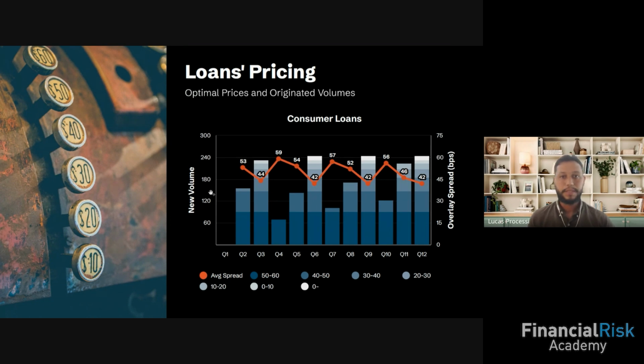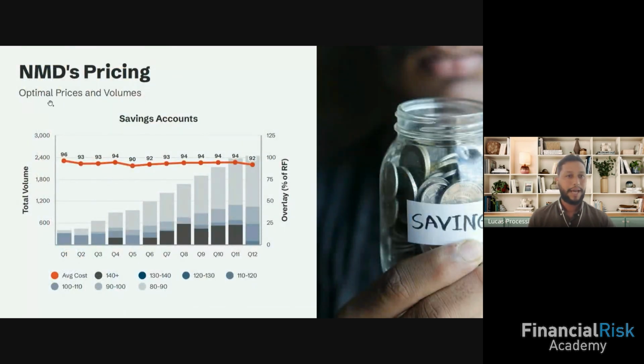Okay. On the other side, we also have the optimal prices and volumes for savings. So the non-maturity deposits here, and this overlay is being symbolized by a percentage of the risk-free. So 96% of the risk-free is going to be the rate that we are going to offer to our depositors, right?